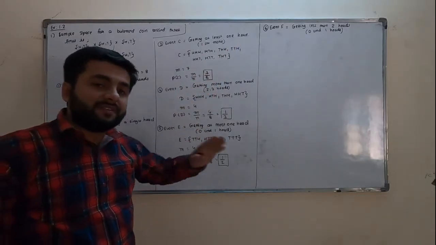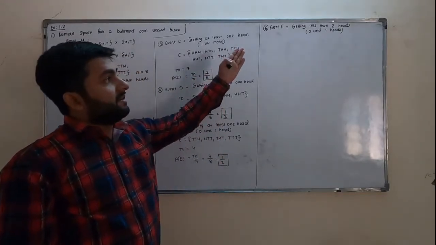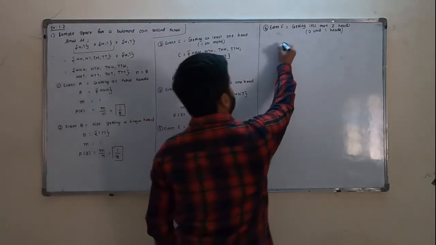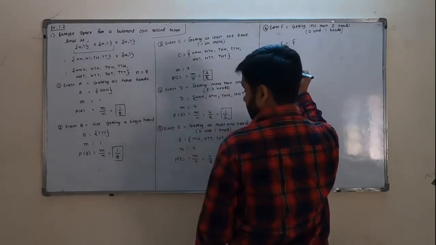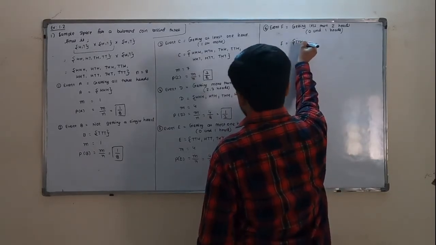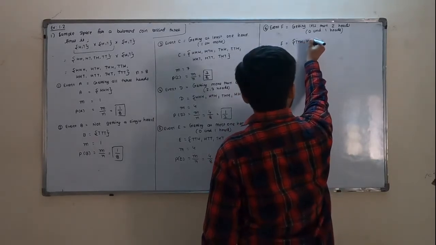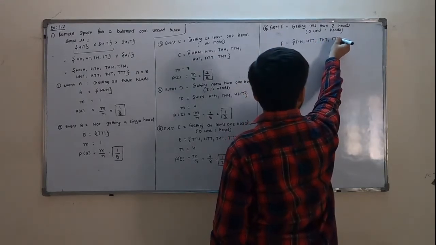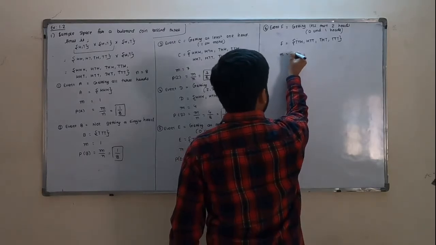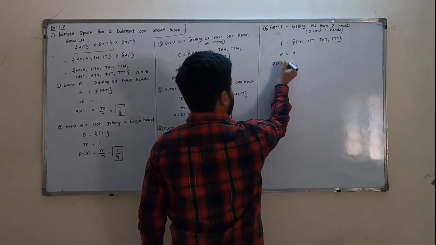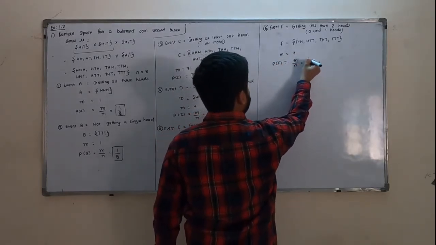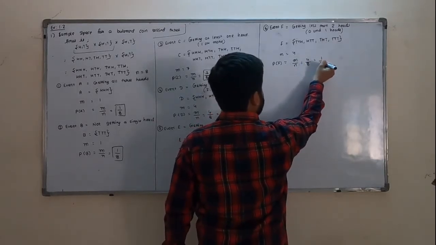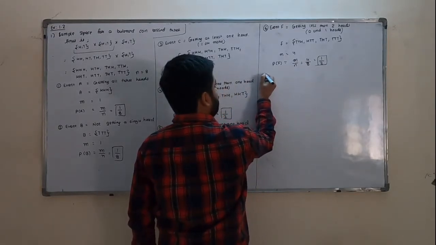At most 1 means 0 and 1, maximum 1. Getting less than 2 means 0 and 1 head. The same elements will be same, okay? So same elements we will write TTH, HTT, THT and triple T. Again the elements will be 4, P of F, M by N, 4 by 8, 1 by 2.